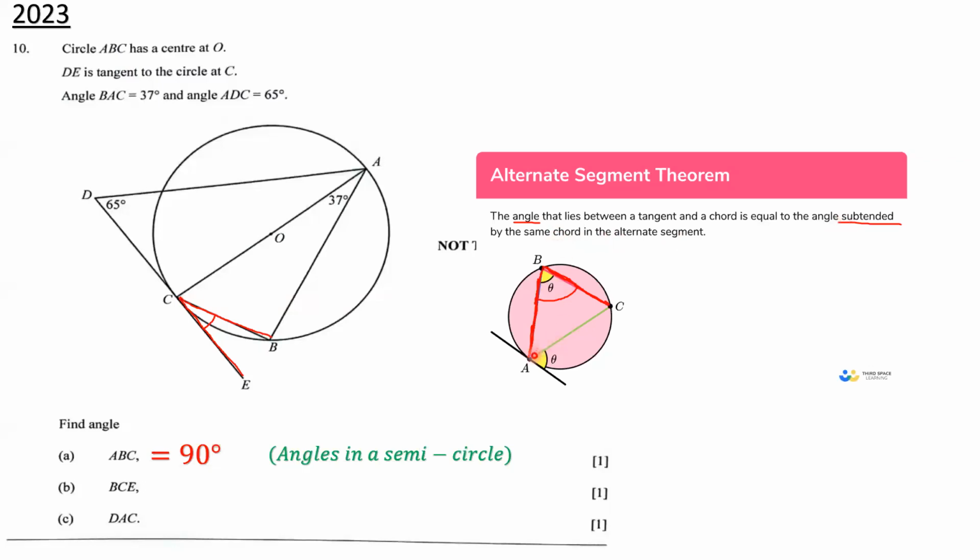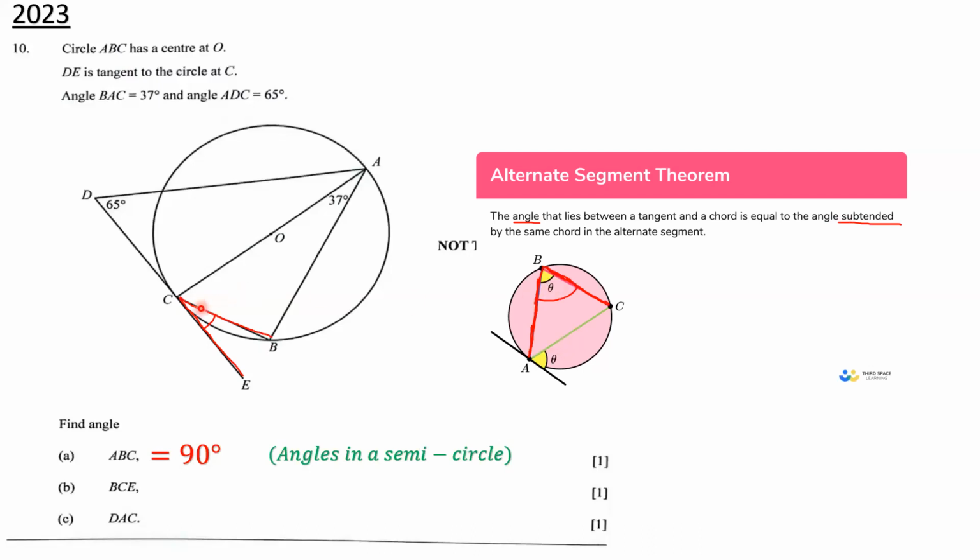In layman's terms, if we were to remove this chord, it's like this angle is hanging by itself, right? But by putting that chord there, the chord is like the base of it, like it closed the gap. So this angle and this angle are equal, right?